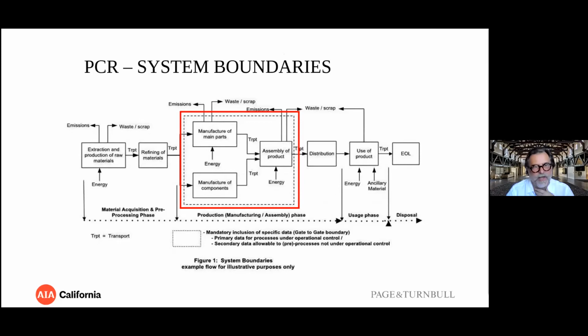And the system boundaries, this is going from materials acquisition to production to distribution, all the way through. This one is actually for furniture, and it has the mandatory reporting omit the service life and demolition, but in this case, it also omits the materials extraction, which I think is a bit limiting.